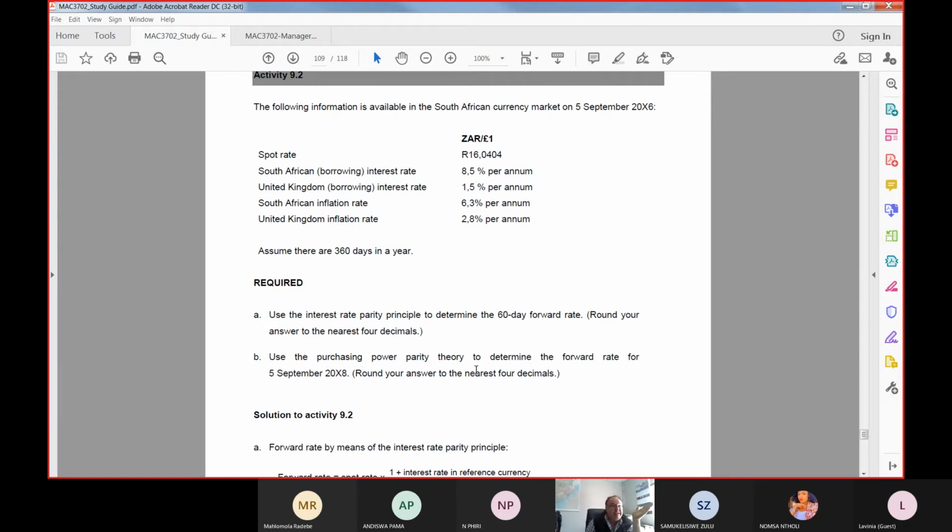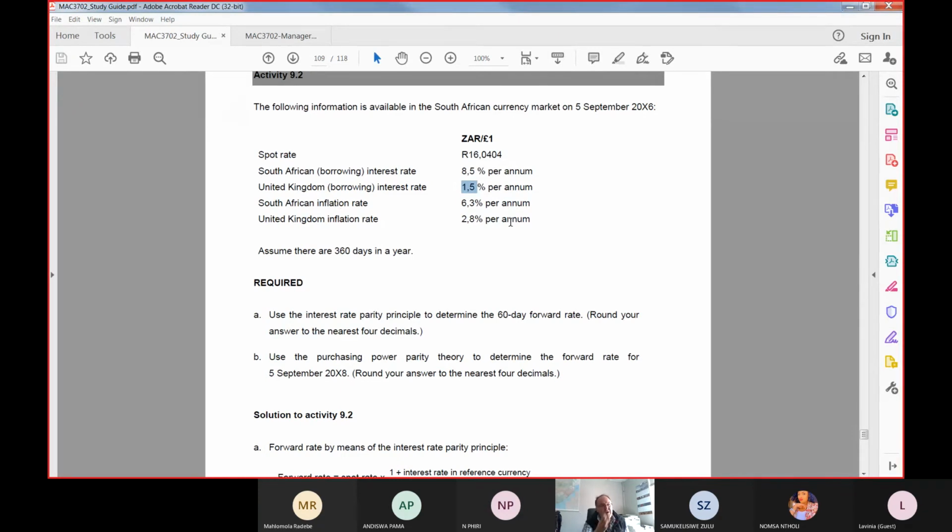In South Africa, the bank is going to take money to pay abroad for 60 days, earning interest at 1.5 and paying interest in South Africa at 8.5. Hence the reason it is more expensive for the FEC, because the bank is earning interest for 60 days. Not we, the South African bank that takes the money abroad on your behalf.